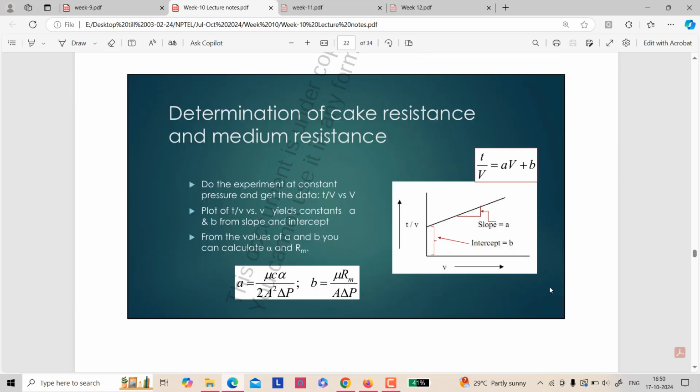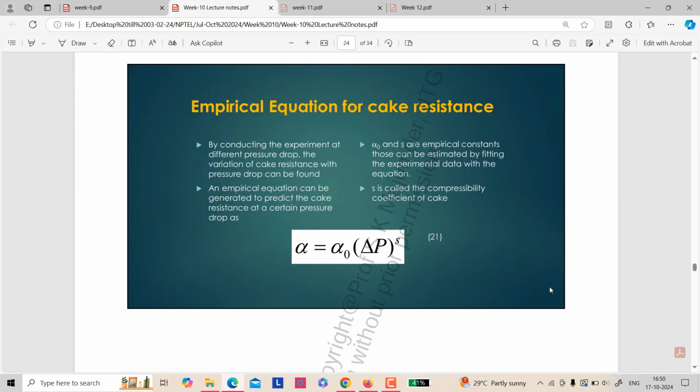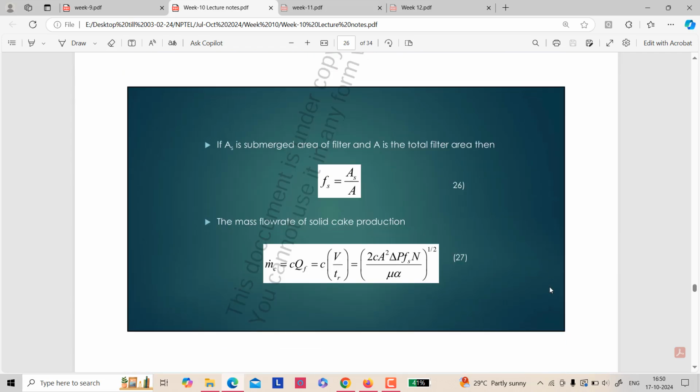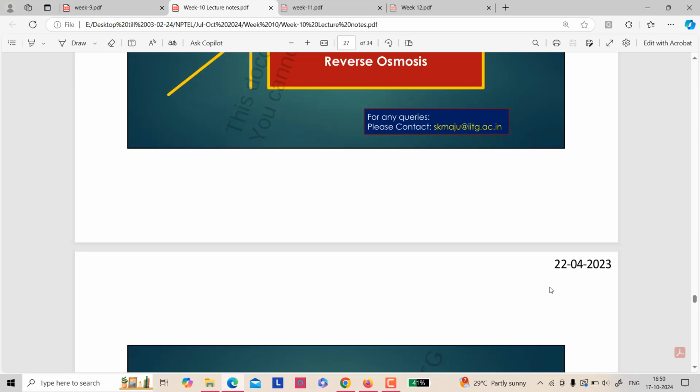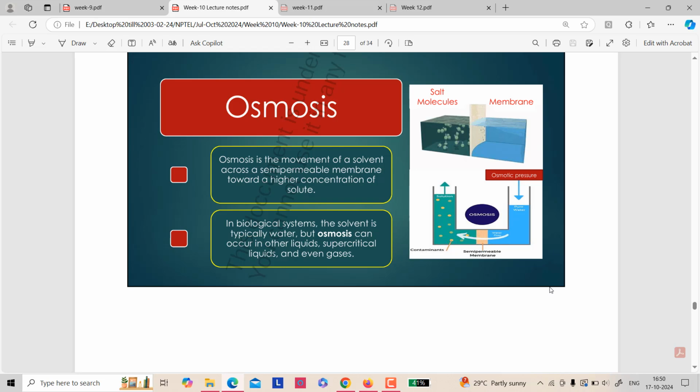This is the cake resistance and medium resistance inside the filter. The detailed derivation of the equations was done in the class. I am not doing it again today.